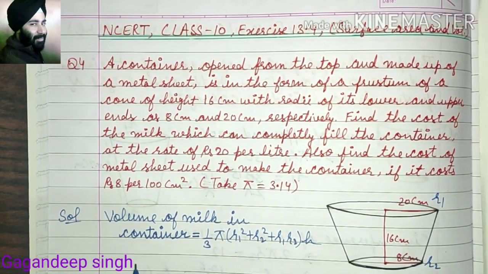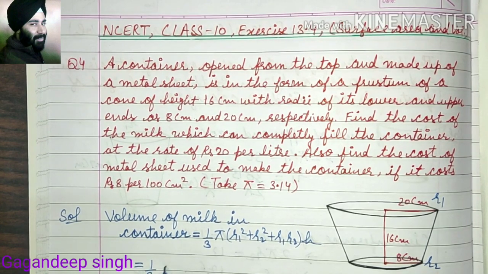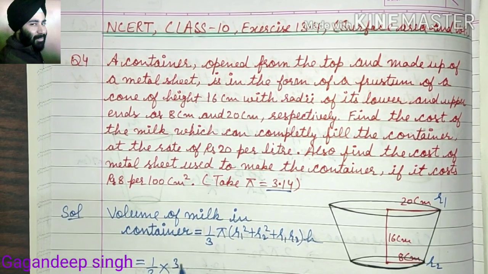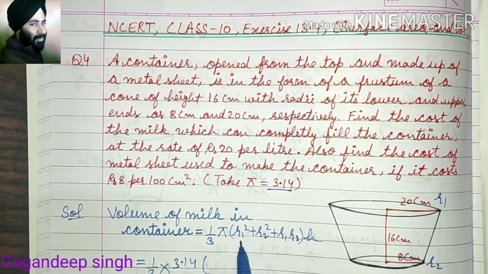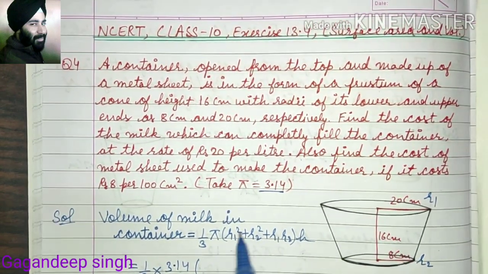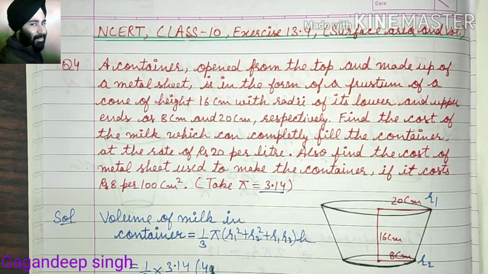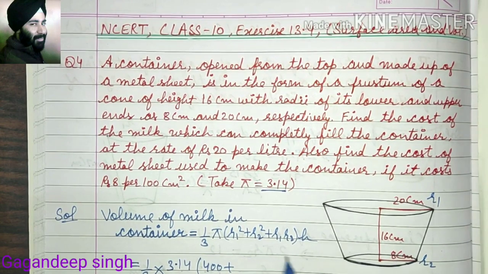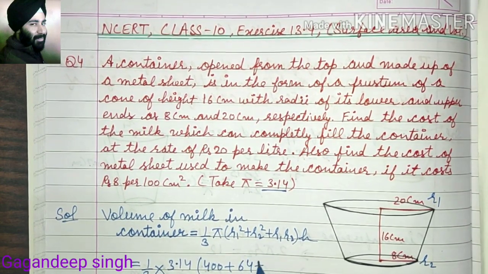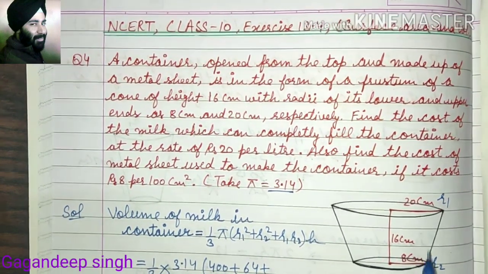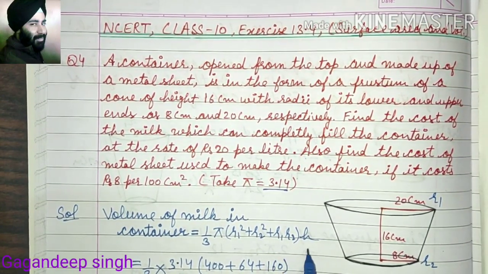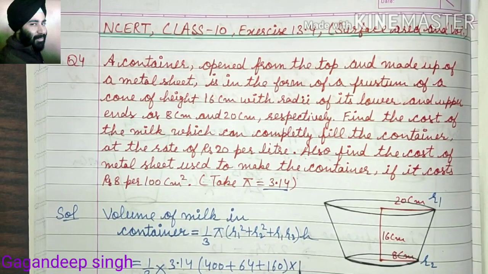Now keep values in formula. 1 upon 3 pi, pi is given 3.14 in question, so 3.14. r1 is 20 and square of 20 is 400. r2 square, r2 is 8 and square of 8 is 64 plus r1 r2, 20 into 8 is 160 and height is given 16.